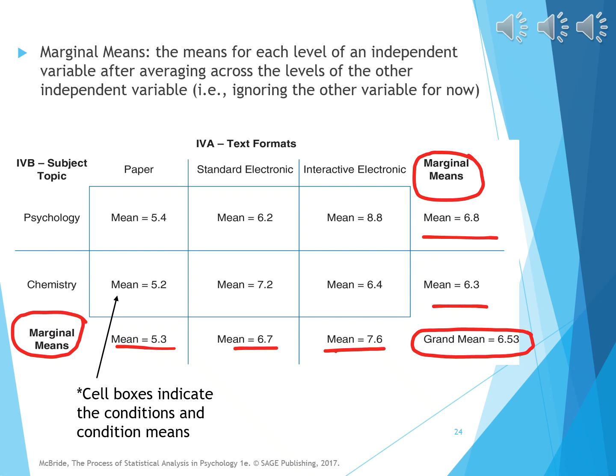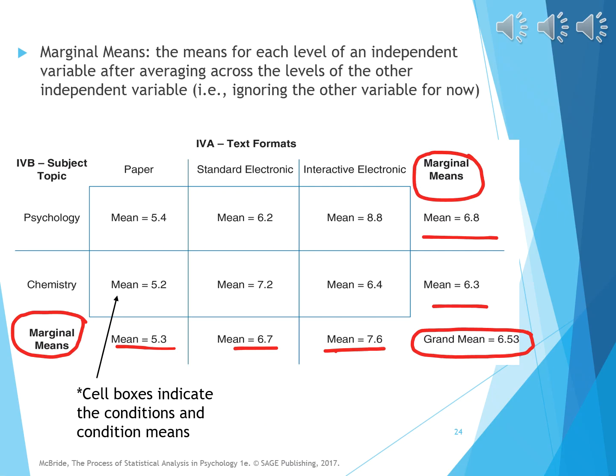So if I just want to see the main effect of textbook format, not paying attention to whether it's psychology or chemistry, now I have three means that I can compare using a one-way ANOVA. We've done that before. The means are 5.3, 6.7, and 7.6. I will conduct an ANOVA test on that to see if any of those are significantly different from the other ones, I should say.